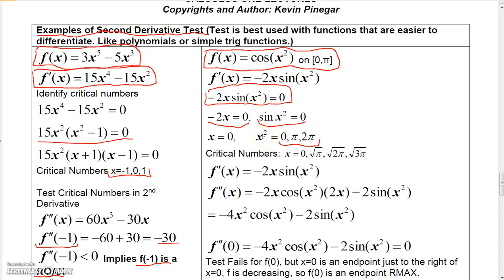That would mean x would have to be either 0, square root of pi, square root of 2 pi, or square root of 3 pi. We'll see in a minute if all of these are actually in this interval, so we'll have to check that. And here we got 0 as well, so 0 is actually a critical number from both of these equations.